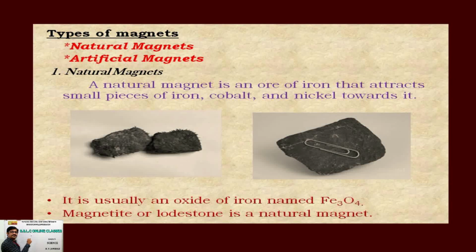So it is the oxide of iron, or iron oxide, and the molecular formula of a natural magnet is taken as Fe3O4. Magnetite or lodestone is a natural magnet. The above pictures are showing magnetite or lodestone. Those are the natural magnets existent.